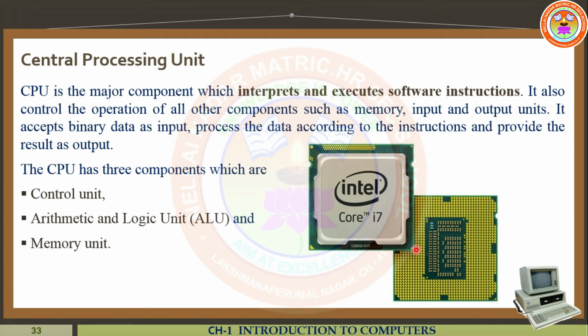It interprets and executes software instructions. What is the meaning of interprets? Interprets means it will perform, execute, and process. It processes the action or the input data and executes the software instructions.